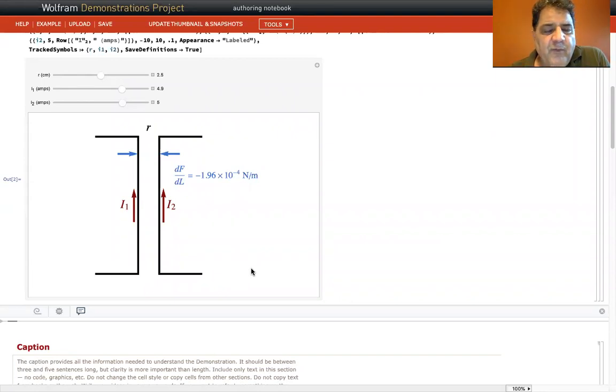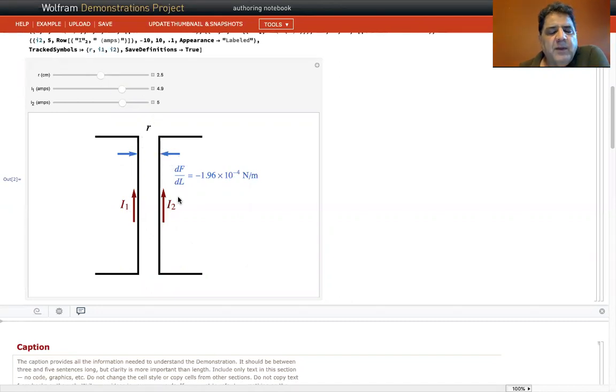When you have wires, parallel conductors, and they're both carrying a current, this is an important feature to remember. You have a conductor here carrying I1, and a conductor next to it, I2. Notice the blue force lines are directed towards each other.